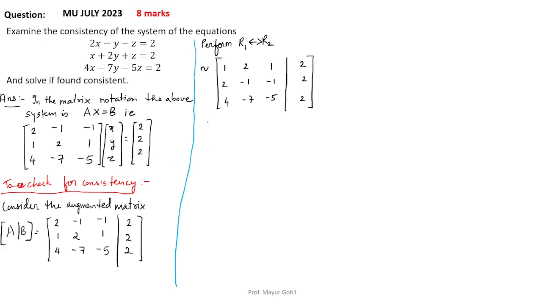Now we perform the following row transformation: R2 changing to R2 - 2R1, and R3 changing to R3 - 4R1. So we get here 1 2 1 2, and here this is going to become 0 0. Okay, these elements will become 0, but now we have to do the calculation for the remaining ones.